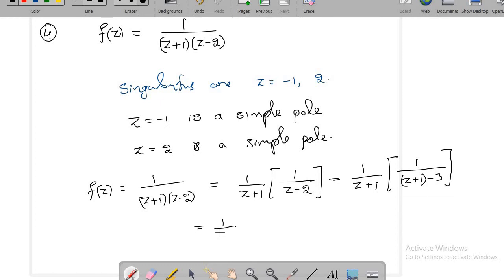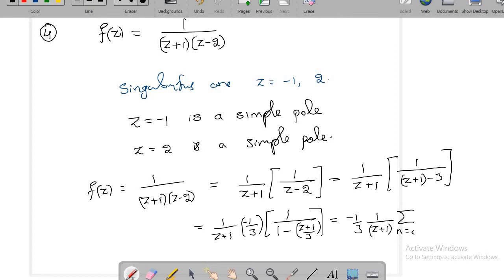And this equals 1 by z plus 1. You can take negative 1 by 3 common. So from that you have 1 minus (z plus 1) by 3. Negative 1 by 3 you keep out. 1 by z plus 1 you have here. So summation n equal to 0 to infinity of ((z plus 1) by 3) whole power n.